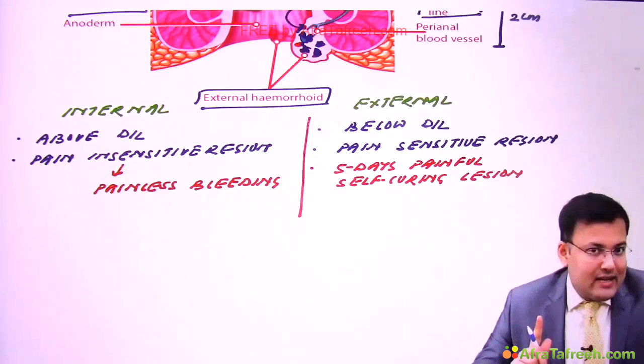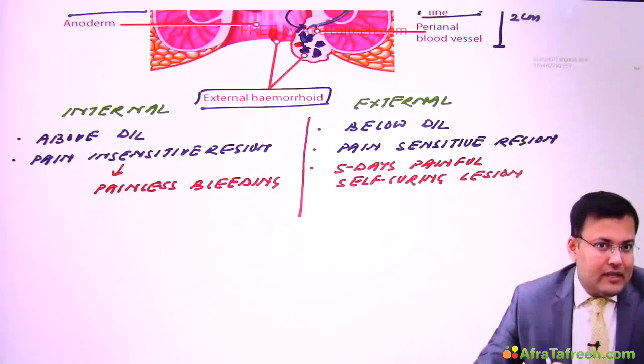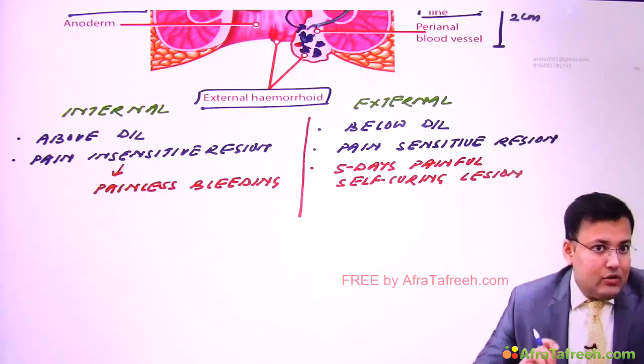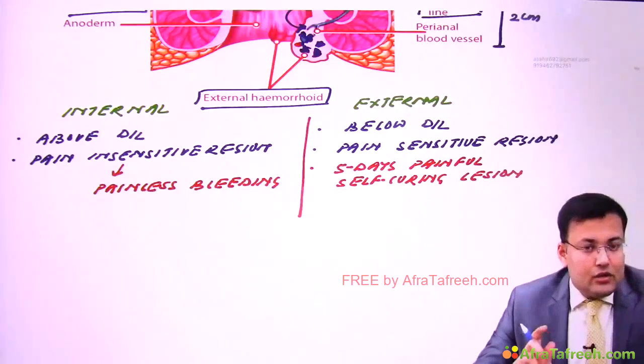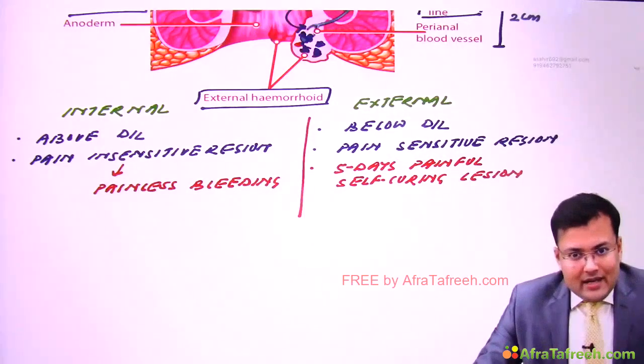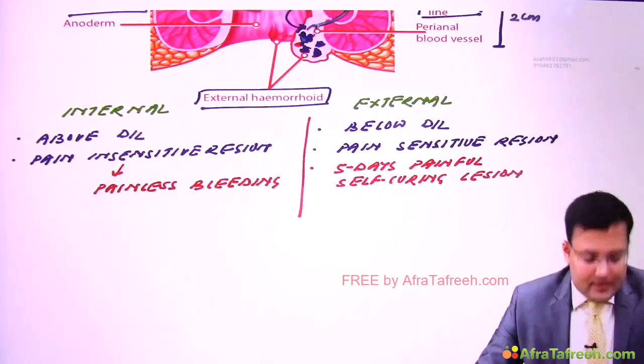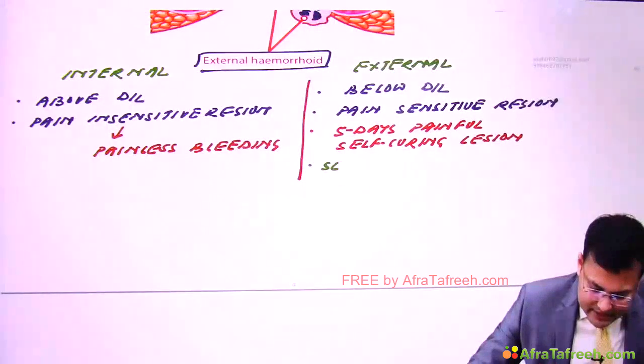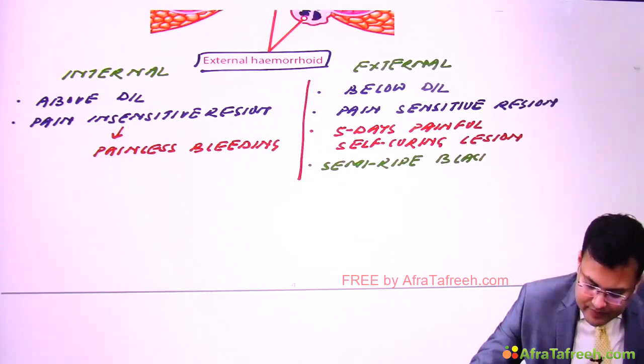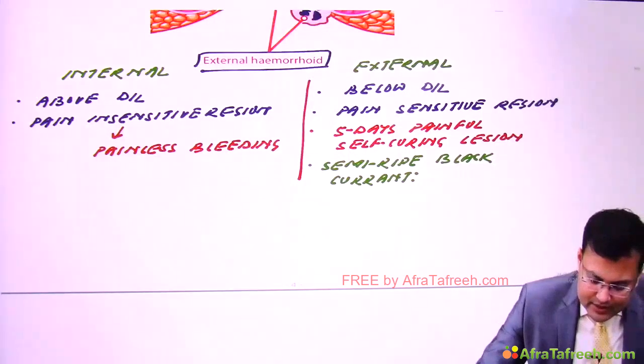We discussed red currant jelly in intussusception, when the stool was mixed with blood, and here there is a semi-ripe black currant appearance. Why? Because of recurrent thrombosis.